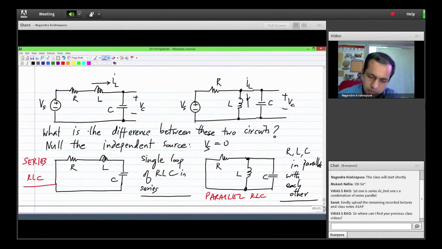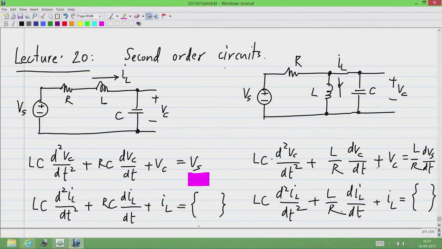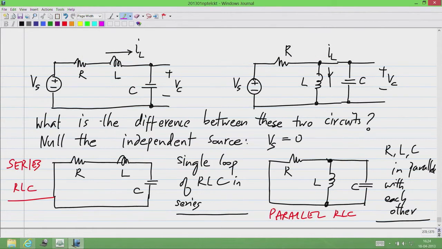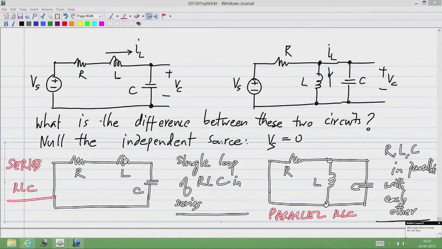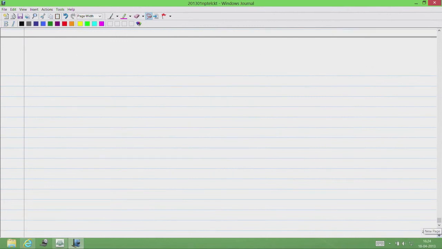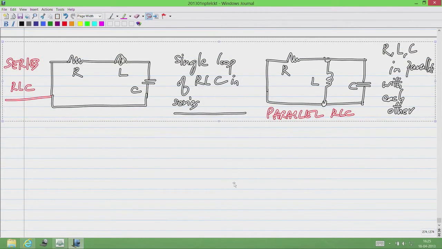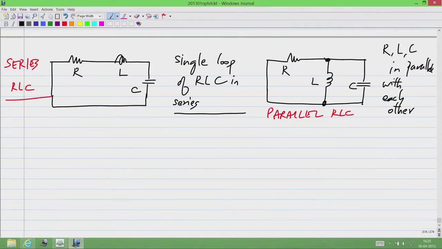So, now I showed that this is the differential equation governing this circuit, this is the differential equation governing that circuit, but in general, if you have a series RLC circuit, you will get a differential equation of the form LC second derivative of Vc.